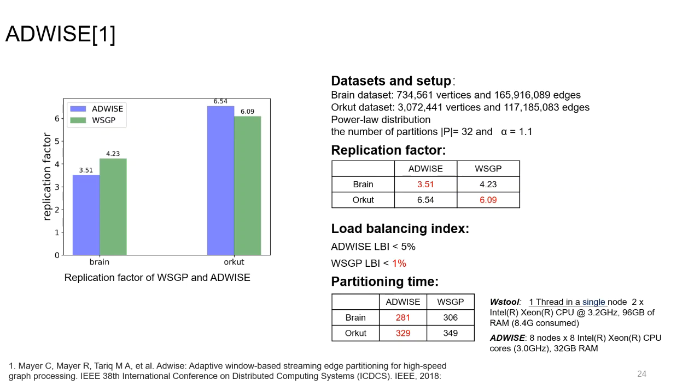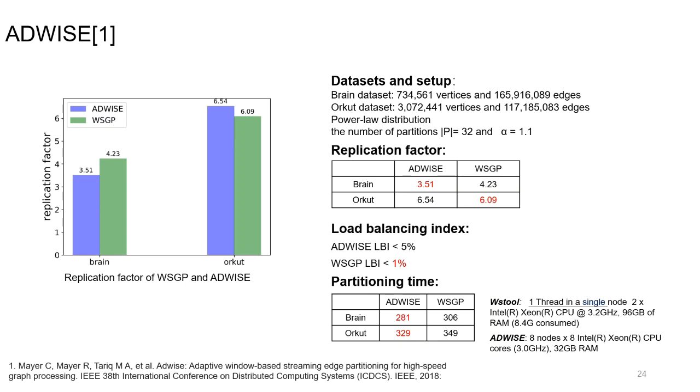For the load balancing index, ADWise's ALBI is inferior to 5%, as mentioned in their paper, and WSGP is better, with its ALBI inferior to 1%. We think that if we relax the load balancing constraint, WSGP could further reduce replication factors.